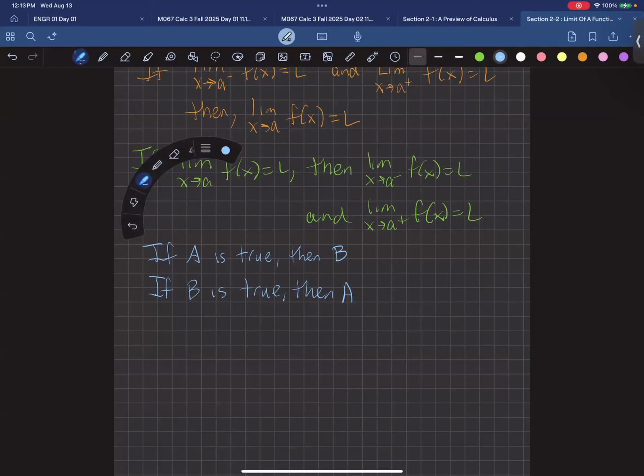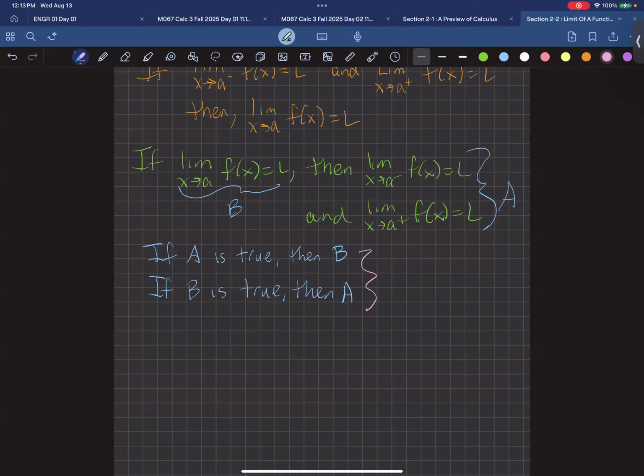If I call this section B and I call these two together A, then I had the same up there. The way we put this together in mathematics is we use an if with a double F, iff. We say A if and only if B. That means both directions are true. The double F means both directions are true.